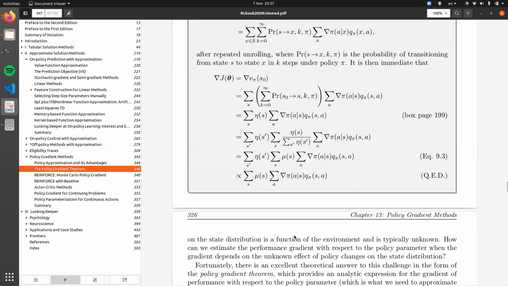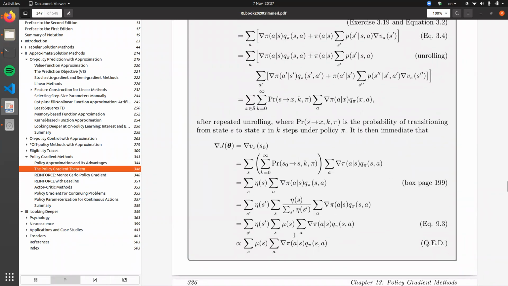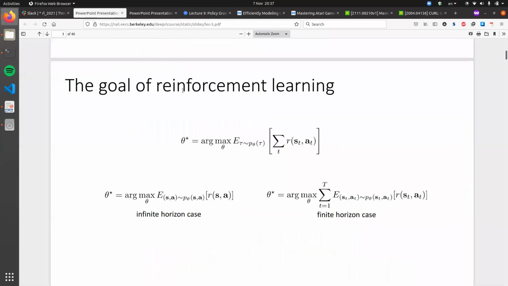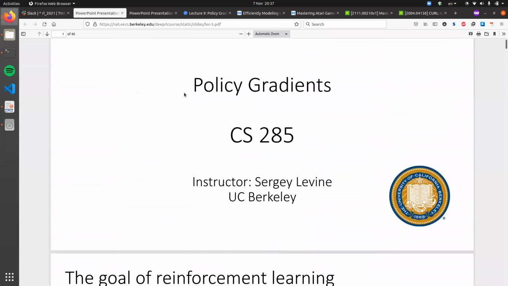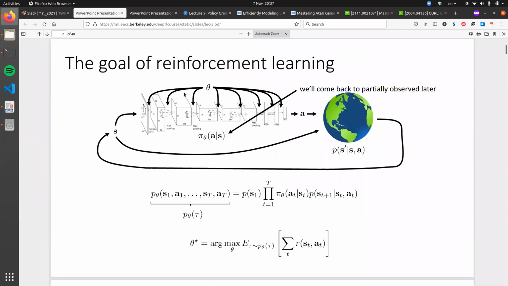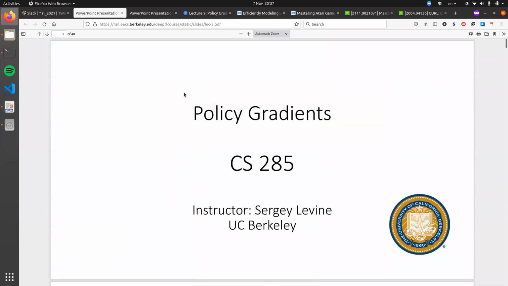Probably it's better to go through them yourself, and maybe you can get an alternative derivation in the lectures from the course I mentioned some time ago, the deep reinforcement learning course from UC Berkeley.